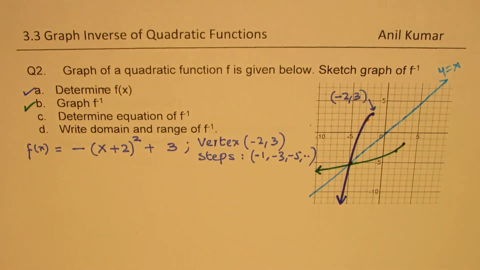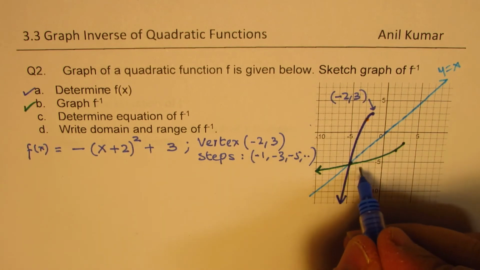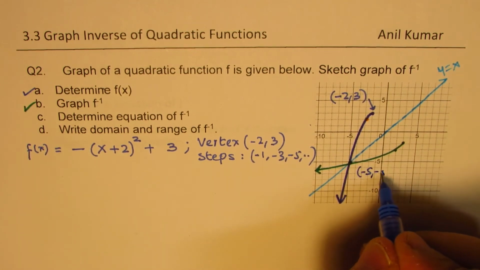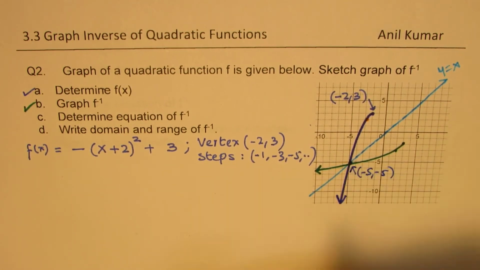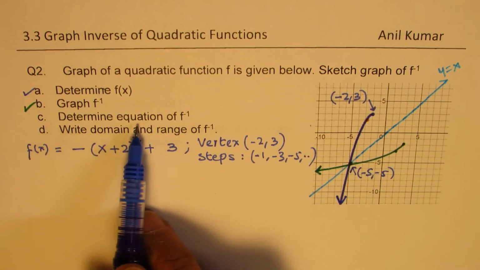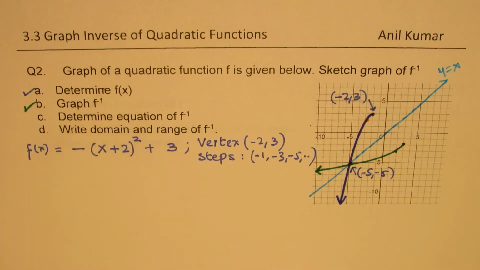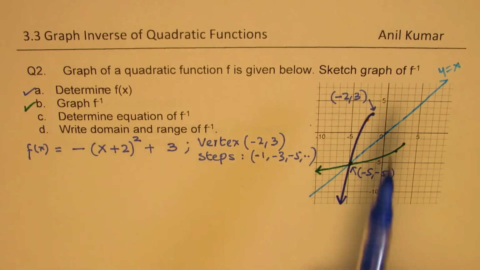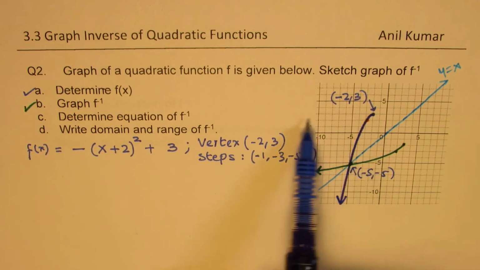It was that simple. Now, it is important to note that we did go through the invariant point, which is minus 5, minus 5. Okay. This is important point to consider. Okay. Now, we need to determine inverse function's equation. That is kind of important to understand. Now, once again, when I wrote this equation, I should have restricted my domain to the left side only.